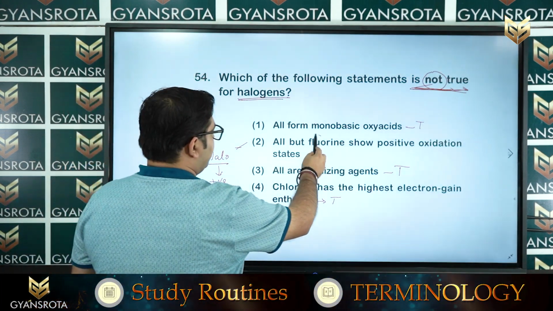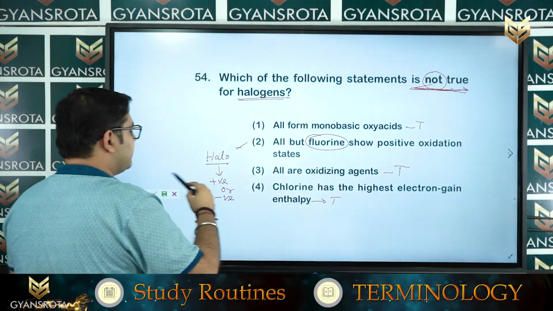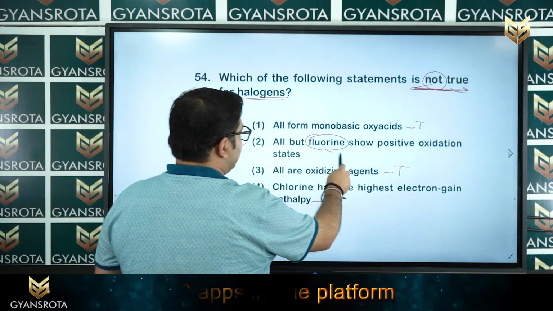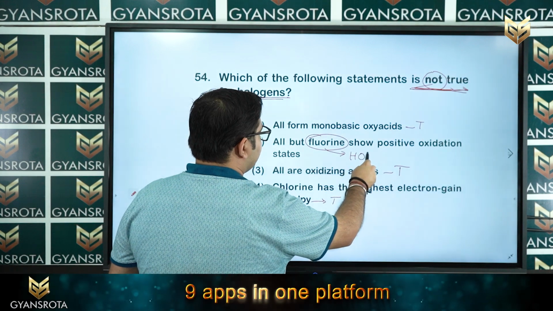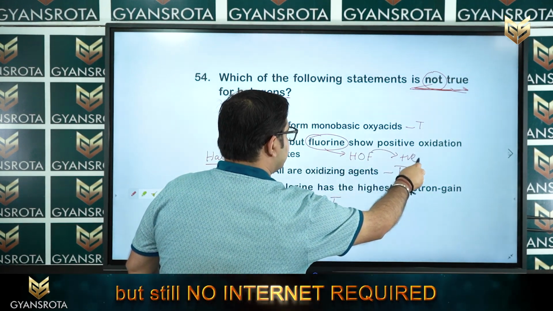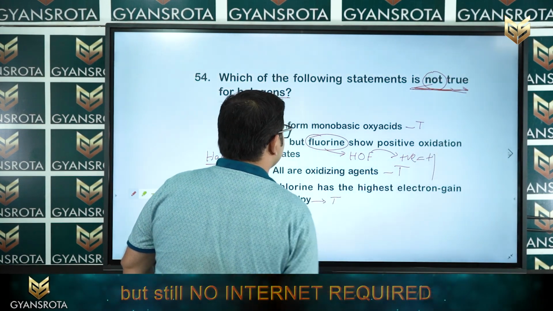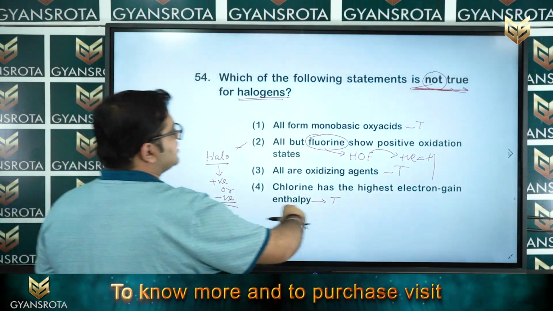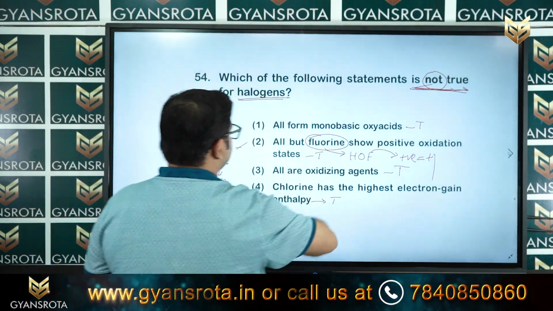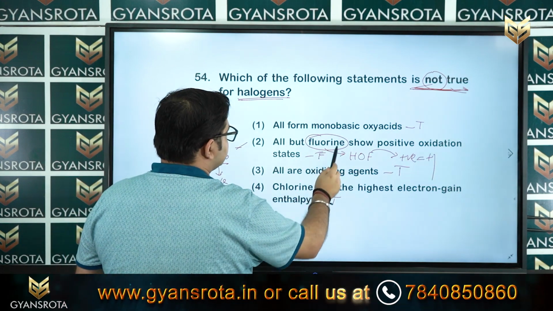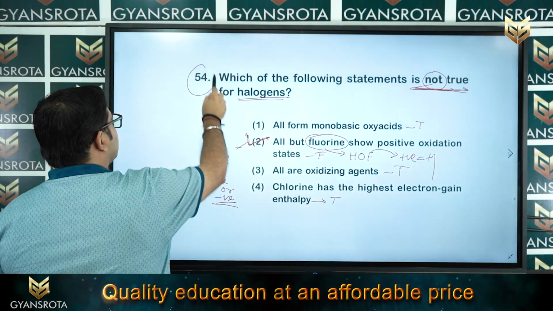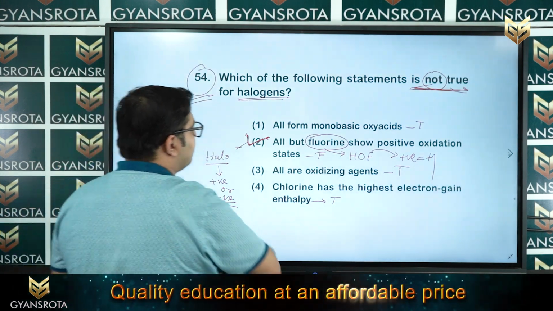But in case of fluorine, most of the time they show only negative oxidation state, except in one, that is your HOF, where fluorine oxidation state is positive, that is +1. So, this is not the true statement, okay. So, what they ask it, not true for halogens. So, this is not true for halogens. So, option number 2 is the correct answer of question number 54.